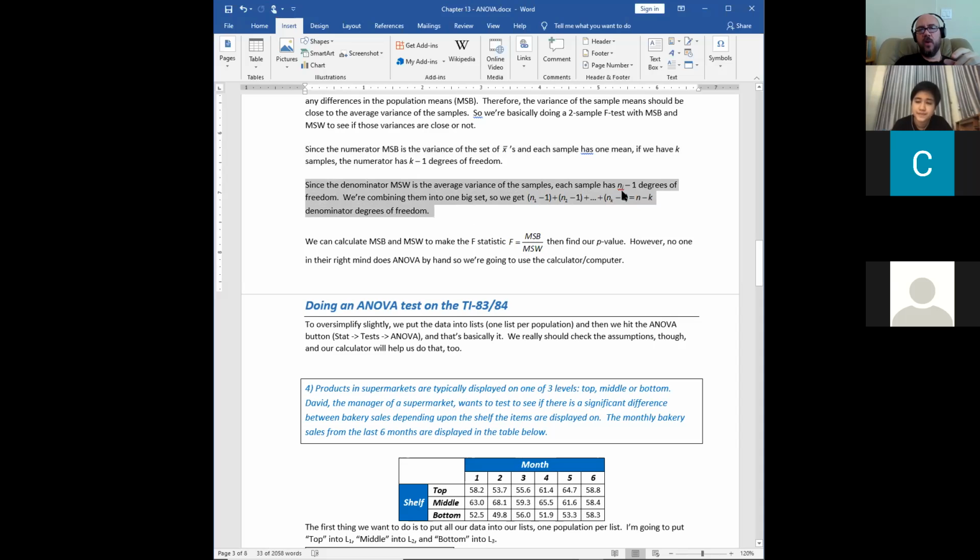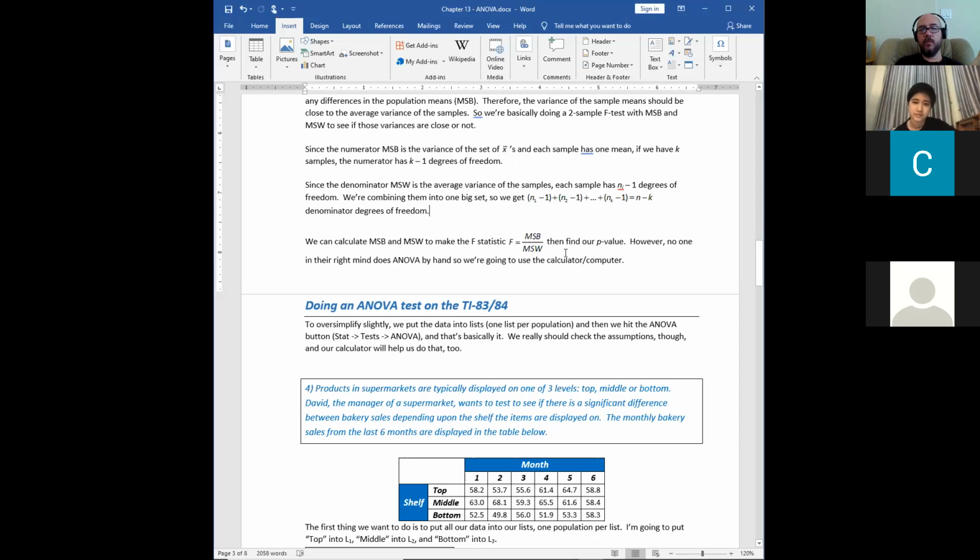The first sample has n1 minus 1, the second sample has n2 minus 1, and then we add all those up because we're doing a pooled thing. This is why all the variances have to be the same. So you end up with n minus k. Now you don't actually have to do this degrees of freedom calculation by hand, it's all going to be in the calculator, but I want to show you where it's coming from.